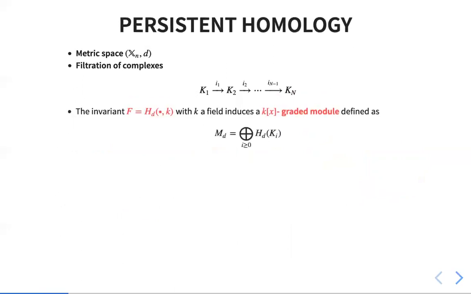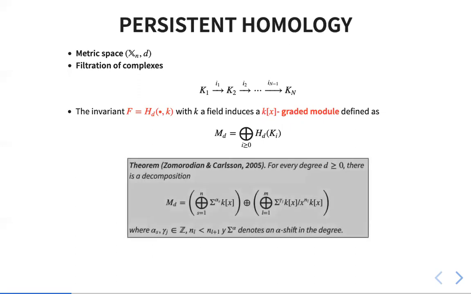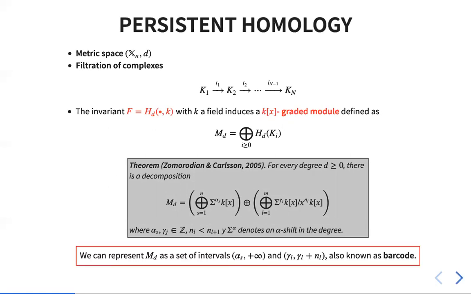In this case, when we use coefficients in a field, we're very lucky because we have this nice structure of graded module, and we have the theorem that allows us to decompose all these groups and also morphisms. We have all this information together in this decomposition that allows us to interpret this graded module as a set of intervals, as we have seen in many talks.